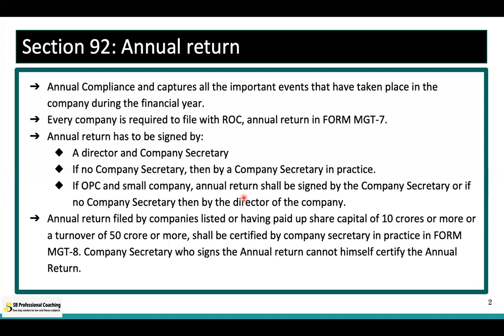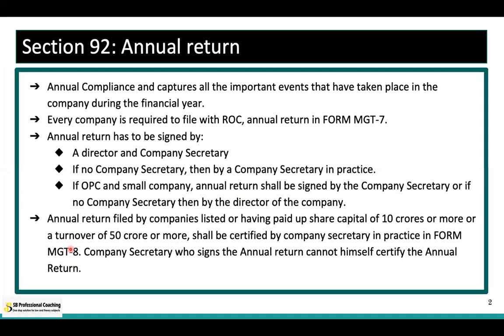This certificate by a company secretary in practice will be in form MGT 8. See, MGT 7 was for the annual return, but MGT 8 is for the certification made by the company secretary in practice.